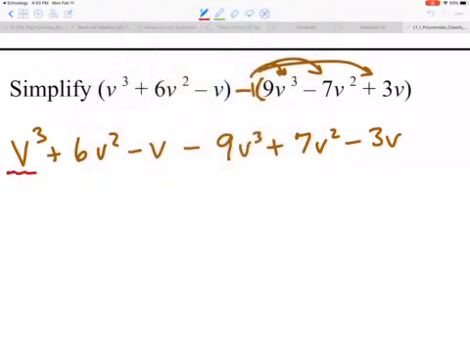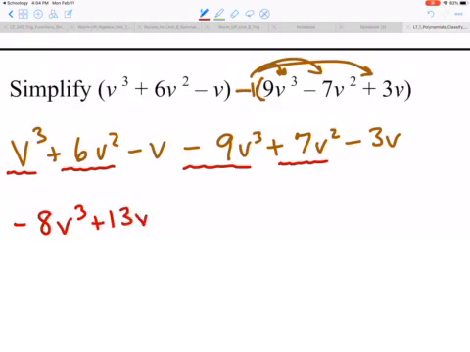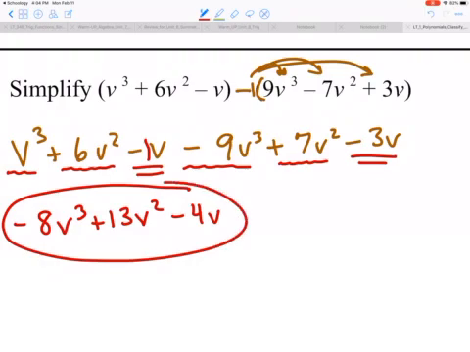I've got v cubed minus 9v cubed, negative 8v cubed. I have 6v squared plus 7v squared, so that's 13v squared. Minus v minus 3v is a minus 4v because I'm doing a negative 1 plus negative 3. So this is my standard form for the answer of this equation.